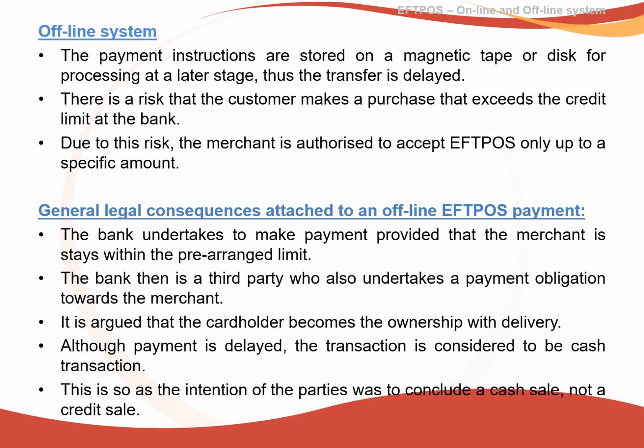Given this, it may be argued that the cardholder who uses an EFTPOS where the financial institution undertakes to pay the merchant, obtains ownership with delivery, although real payment is effected at a later stage. So although payment is delayed, the transaction is considered a cash transaction because, as a rule, the party's intention would be to have concluded a cash sale and not a credit sale.